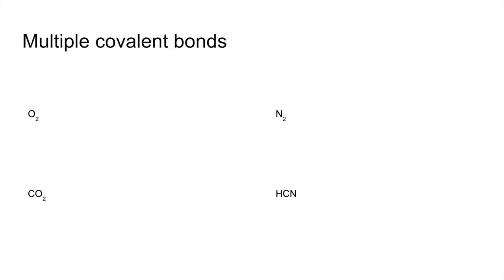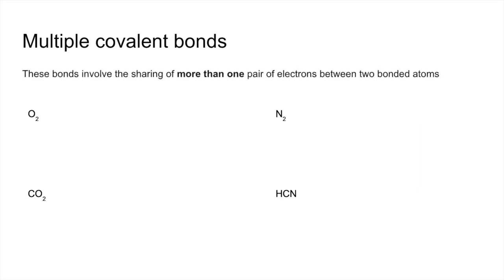So moving on to multiple covalent bonds now. So these are bonds that involve the sharing of more than one pair of electrons between the bonded atoms. So far we've only dealt with single covalent bonds. So in other words, on this slide we're looking at things like double bonds and triple bonds. So if you want to have a go at those 4 and then play on when you're ready for the answers.